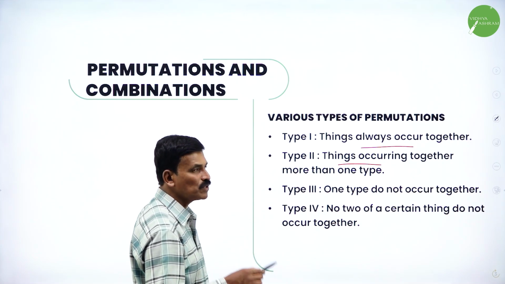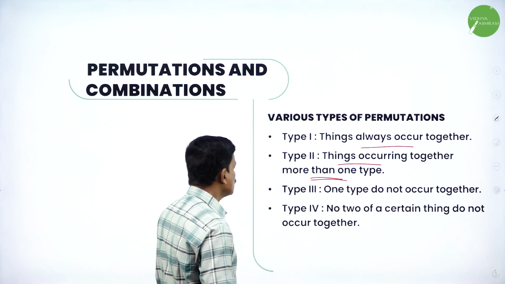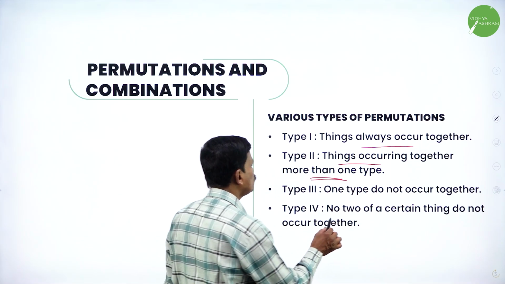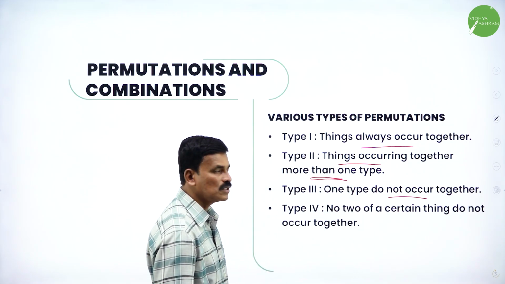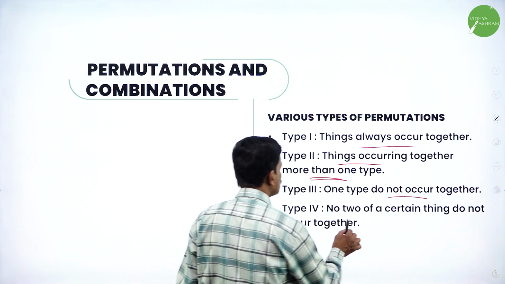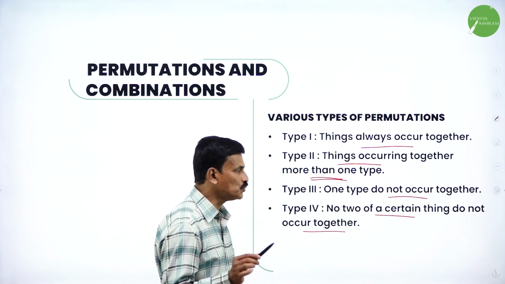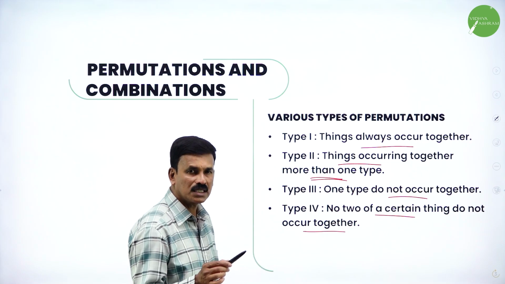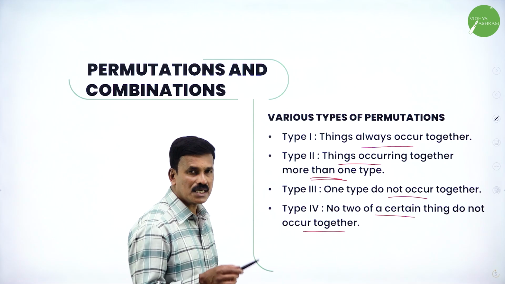The second, things occurring together more than one time. Similarly, the third type is where things do not occur together. And the fourth one is where no two of certain things occur together.